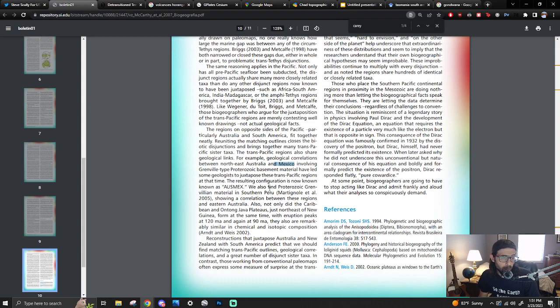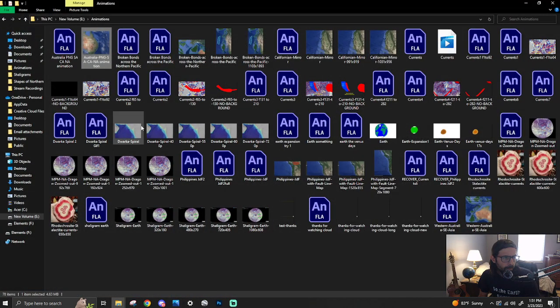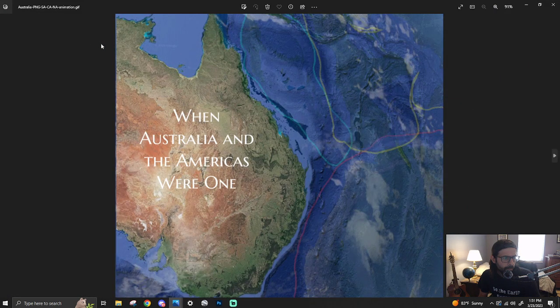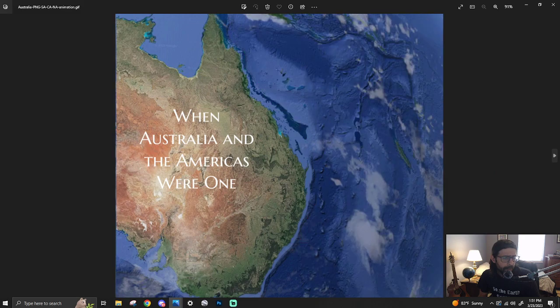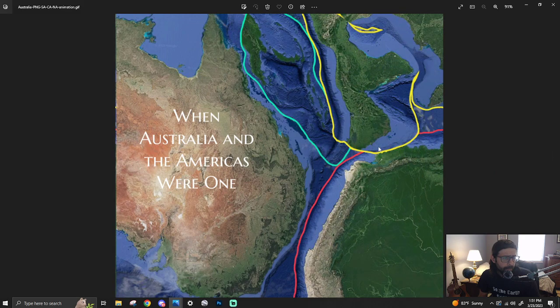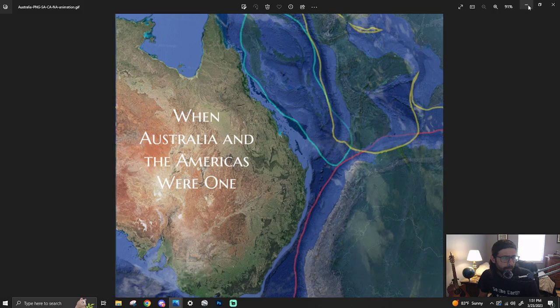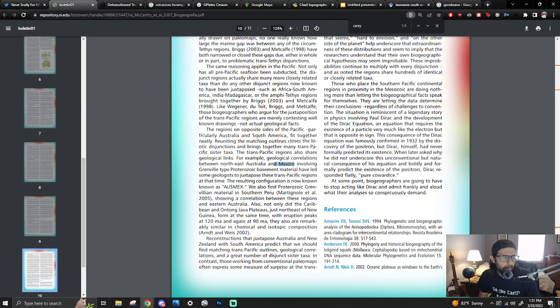We also find Proterozoic Grenvillian material in southern Peru, showing a correlation between these regions in eastern Australia.